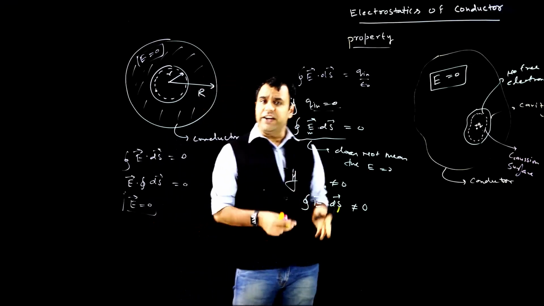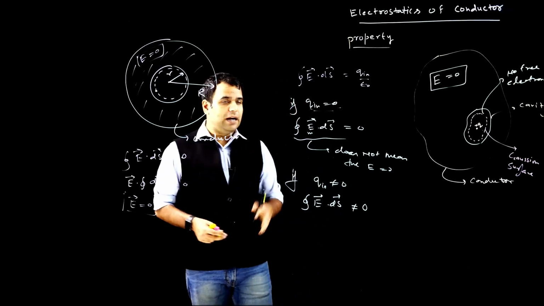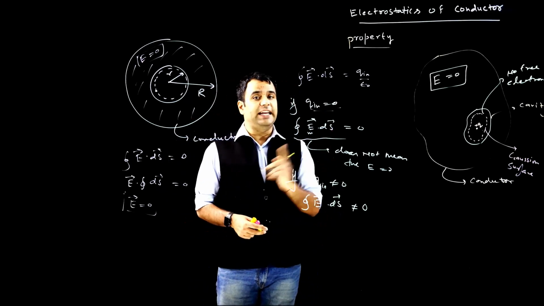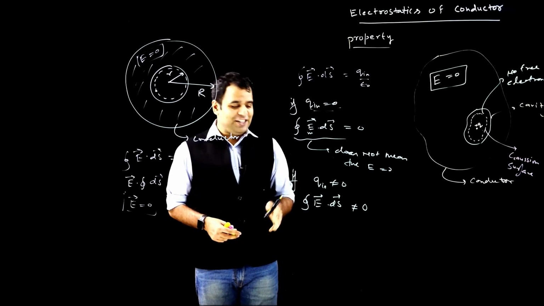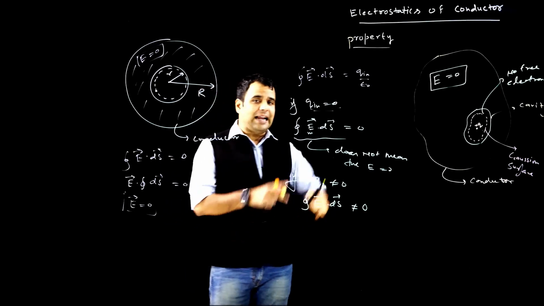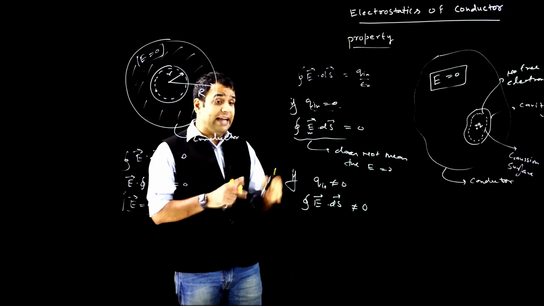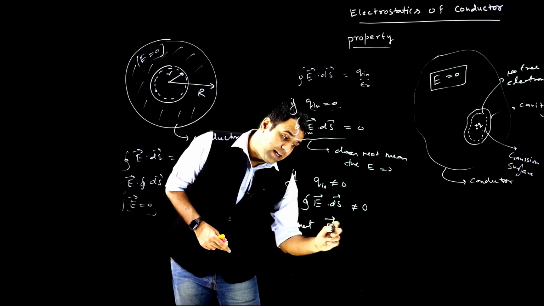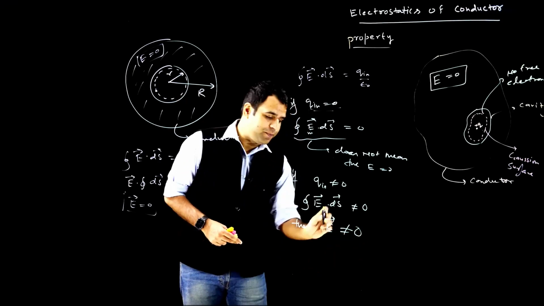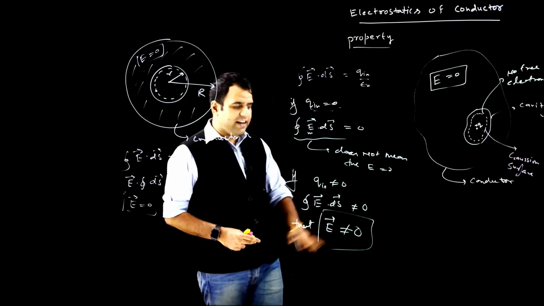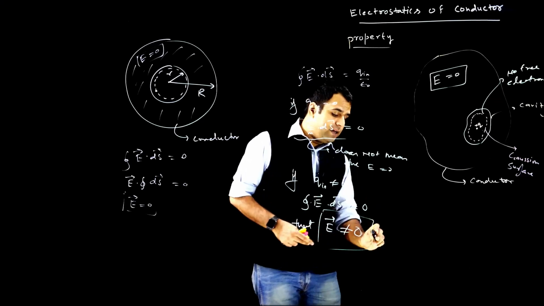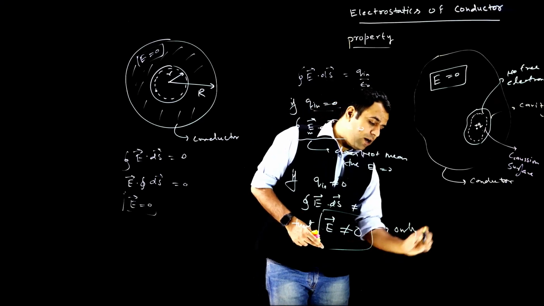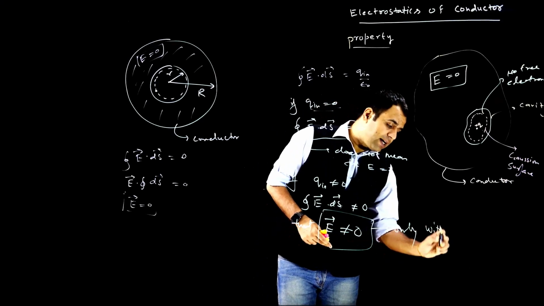I'm not saying everywhere E will be non-zero, I'm saying at least at one point. In this case I can definitely say that the electric field is non-zero, even for a point, but only within the cavity.